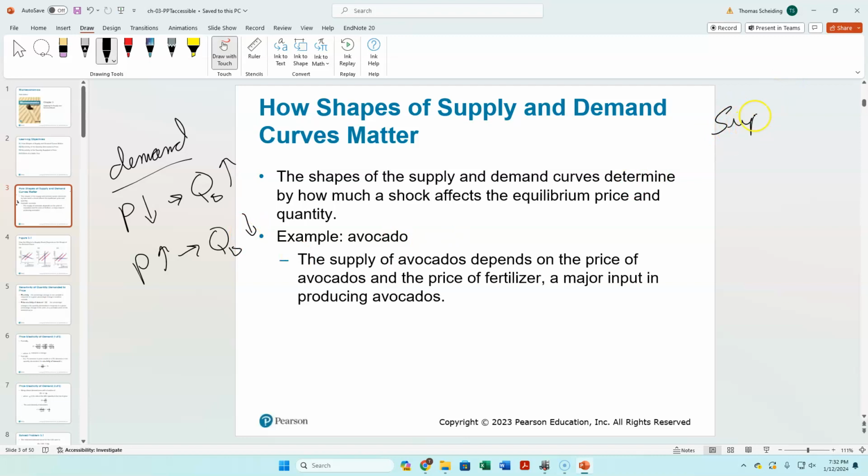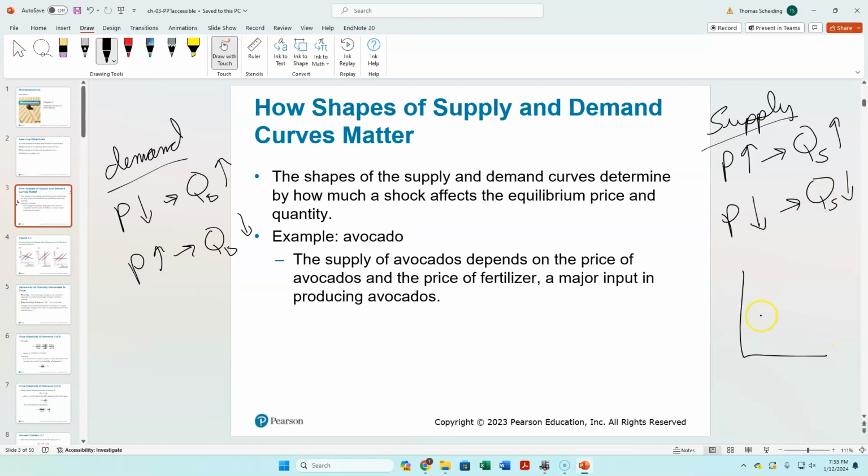And for the supply curve, when the price goes up, the quantity supplied goes up, and when the price goes down, the quantity supplied goes down. We would generally think of this as an upward sloping supply curve and a downward sloping demand curve. But quite frankly, that's not enough.